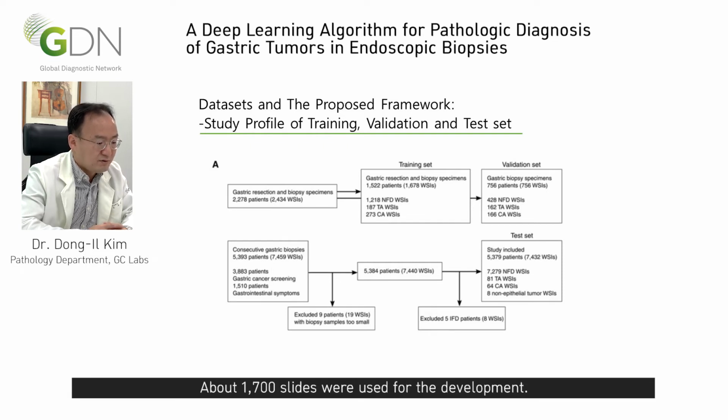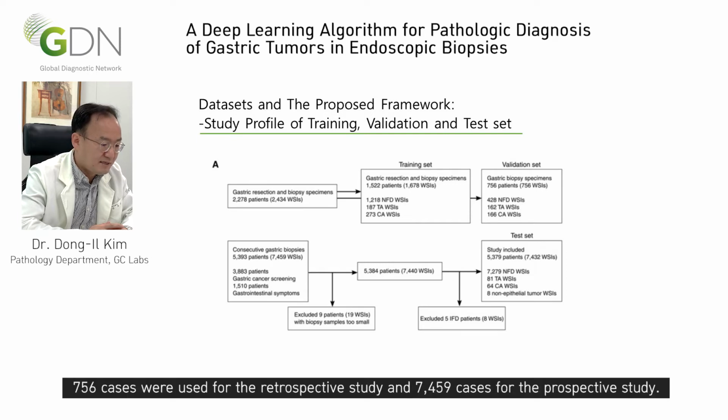About 1,700 slides were used for the development. Of them, 460 slides were of adenoma or carcinoma cases. 756 cases were used for the retrospective study, and 7,459 cases for the prospective study.